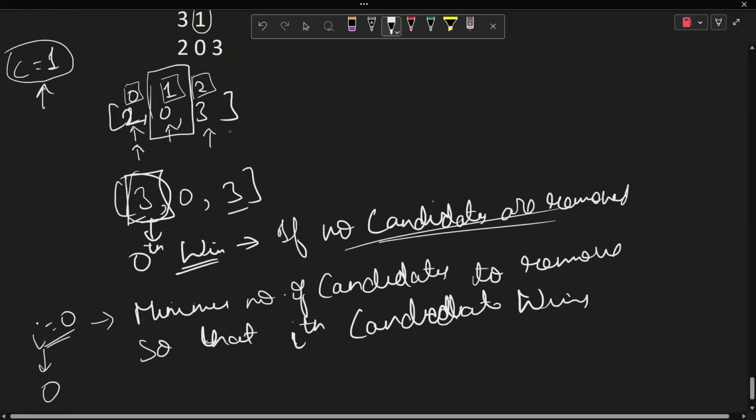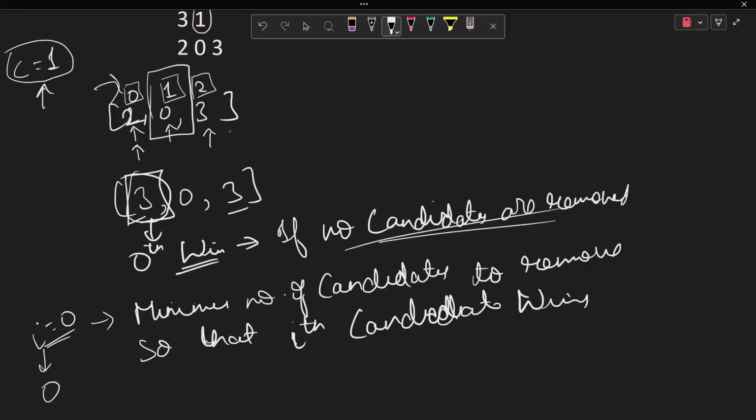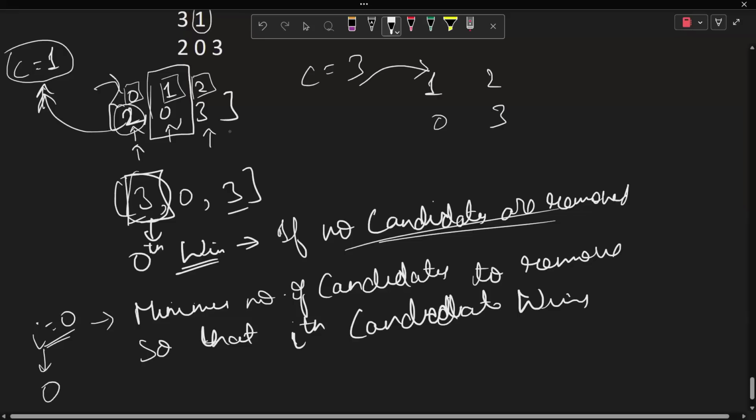Now, let's see if we want to make this first candidate win, how can we do that? What we can do is remove this zero-index candidate. If we remove him, what would happen? We would have only candidates number one and two. One has zero fans, two has three fans. The two fans of candidate zero are converted to C. Now our C becomes three, and all those would vote for the candidate with the lowest number.